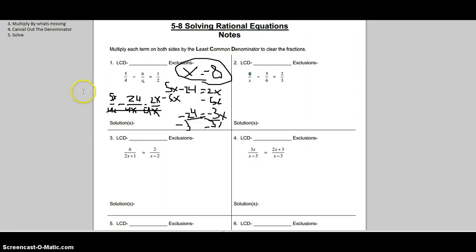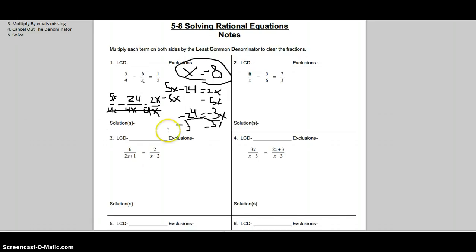So number 3, first step, factor the denominator. We can't really do that right now. Second step, find least common denominator. I want the denominator to be the same on both sides.